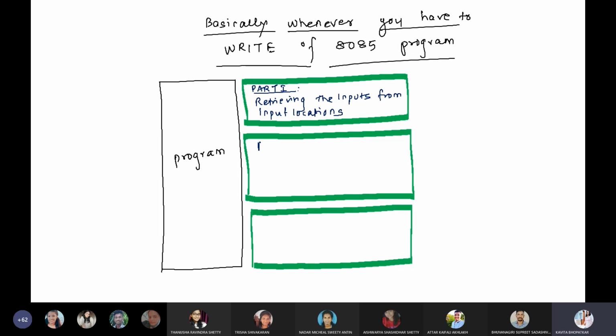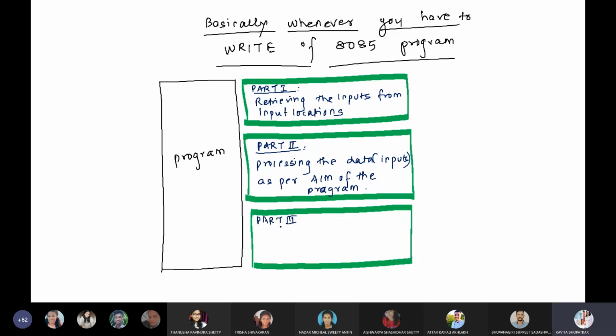इसका part 2 will be processing the data, that is nothing but inputs, as per the aim of the program. That means what is the task given to you. Okay?